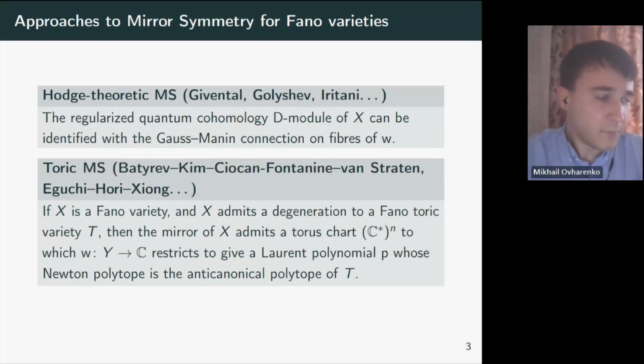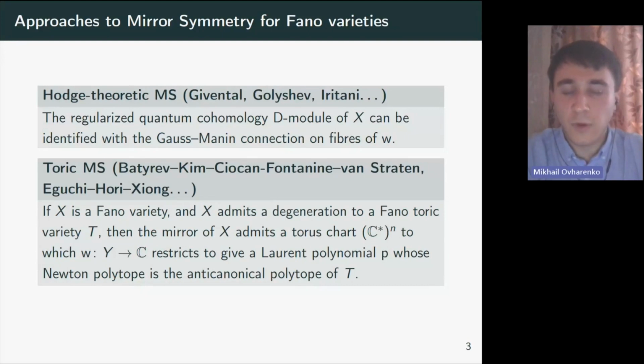So, from the point of view of toric mirror symmetry, if we have a Fano variety and we assume that it has some degeneration to a toric Fano variety, which is expected to be true for any smooth Fano variety, then the mirror of our Fano variety should admit an open torus chart, on which our potential map should be restricted as a Laurent polynomial.